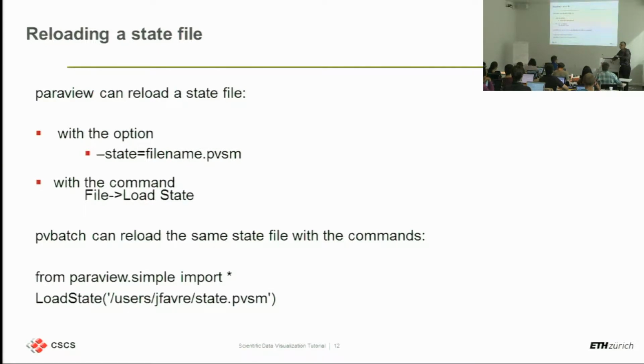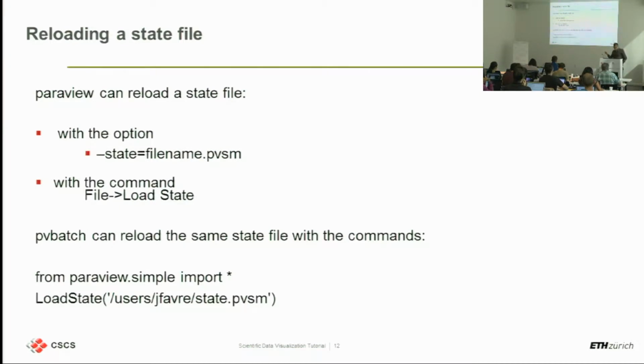It's just one big, long mess of instructions, and there's no notion of the pipeline. The pipeline is the natural way that we have to think about our visualization. We have a source of data, we have some filters, we have some mappers, etc. All of this disappears completely from the state file. So I never use state files.